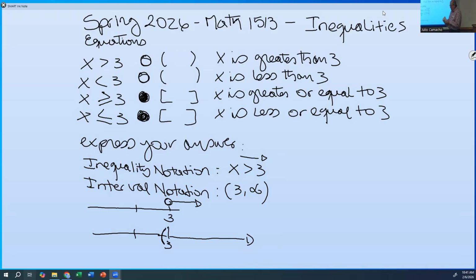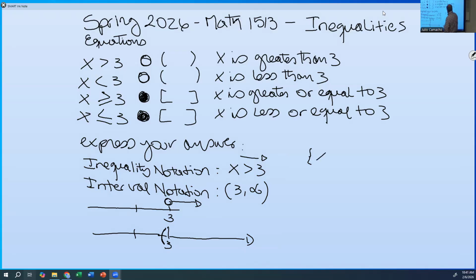There is one more way that they're asking you to answer the question, which is set builder notation. Set builder notation uses this kind of curly brace.